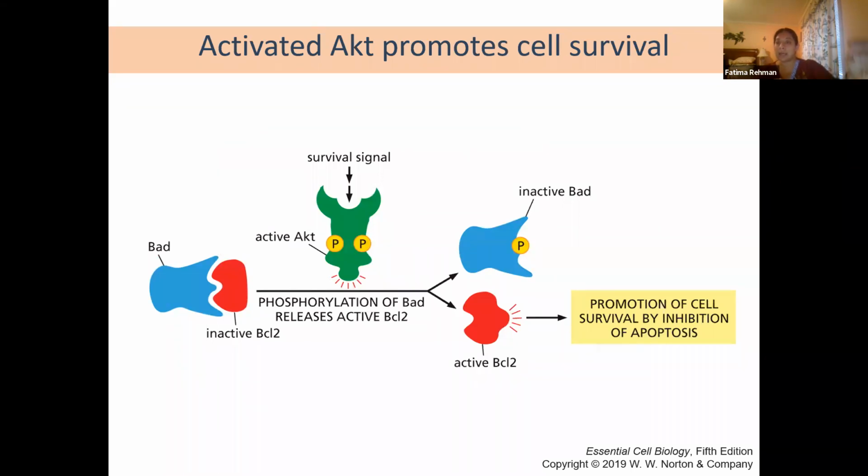When there is a survival signal that leads to activation of Akt, it phosphorylates the Bad protein so that it can no longer bind to the Bcl2. When Bcl2 is not bound, it is active to do other work. And one of the works that it does is promote cell survival by inhibiting apoptosis.